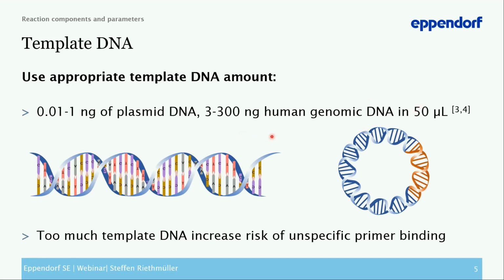When working with human genomic DNA, the range is between 3 and 300 nanograms. Too much template DNA can increase the risk of unspecific primer binding, so that's why it's recommended to use these kind of ranges here.